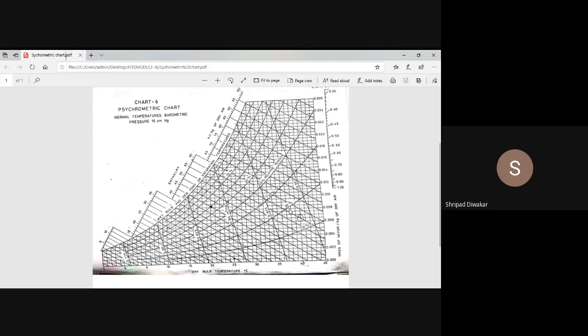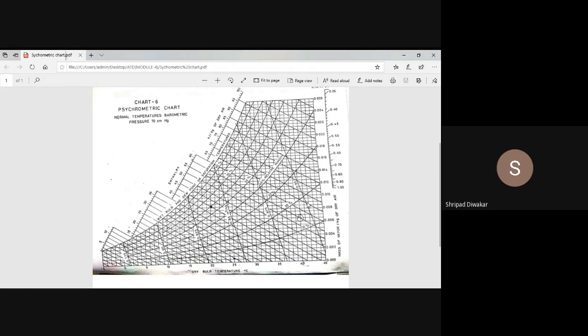The wetted cloth is also called a wick, covering the end of the thermometer. When the thermometer is exposed to the atmosphere, the moisture content in the atmosphere enters that wet cloth. Then vapor formation takes place, and the temperature reading it gives is called the wet bulb temperature.